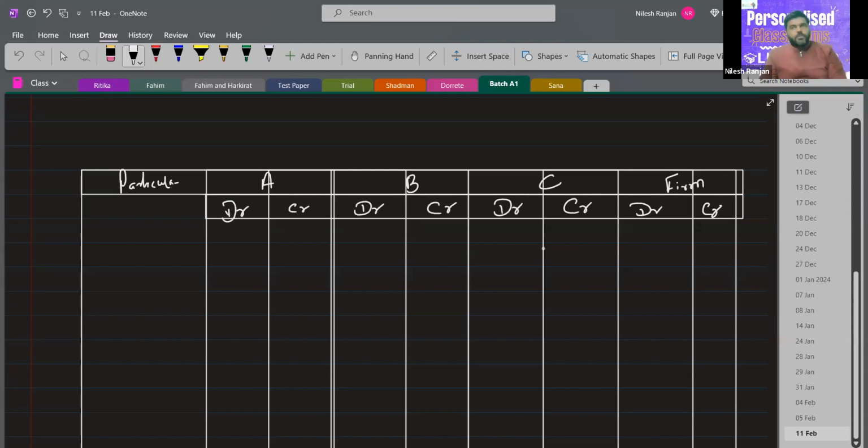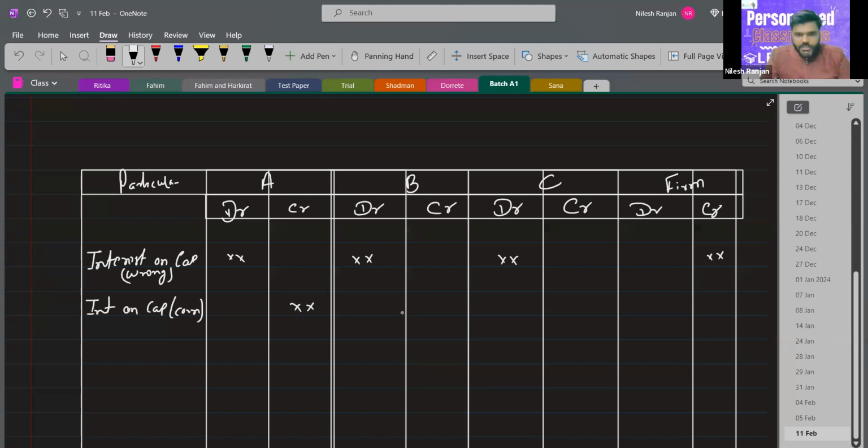Okay. So first of all, if there are certain errors, let's say interest on capital. If we have paid wrong interest on capital, then we will first write it back on the debit side of the partner, the wrong one, and the credit side of the firm. And after that, we will write the correct interest on capital on the credit side of the partner and the debit side of the firm.